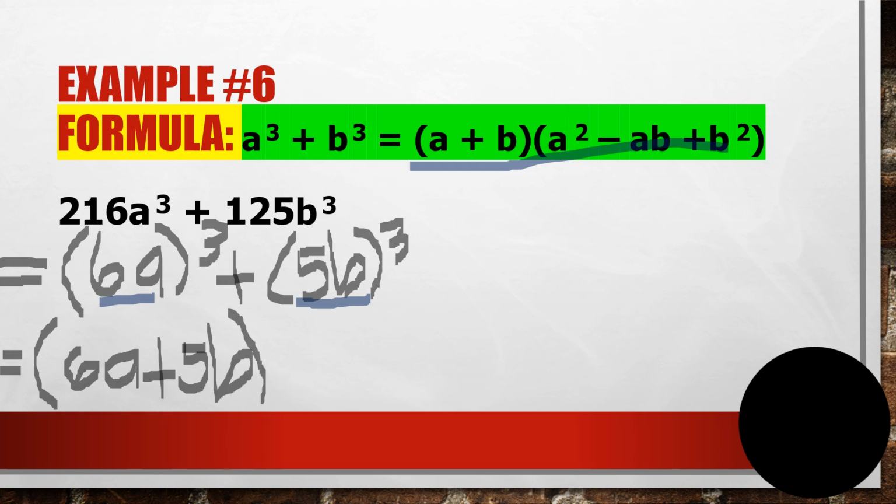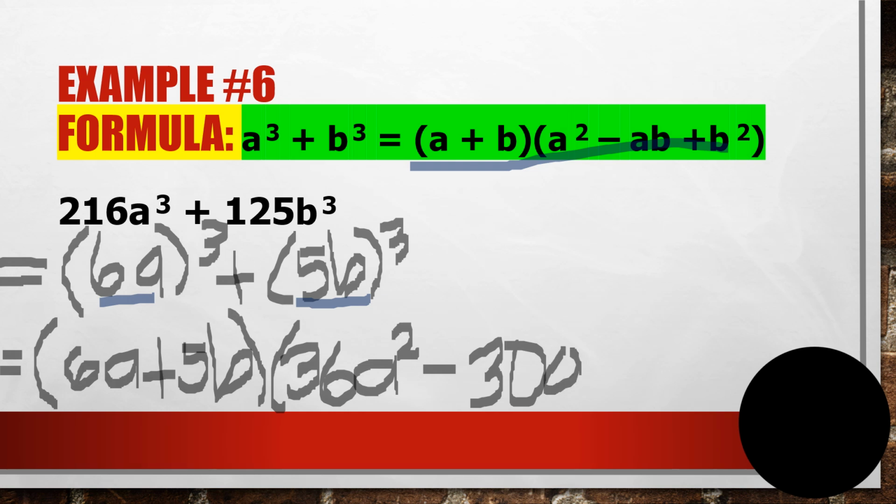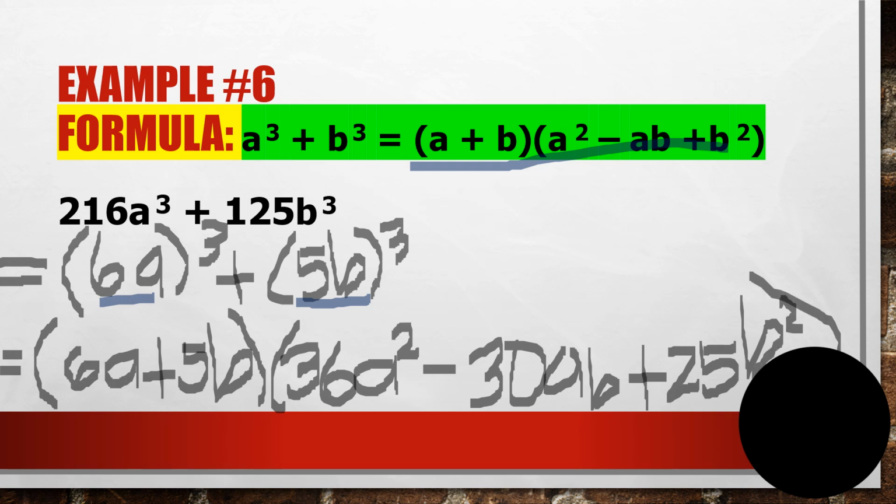Close it, and then open parenthesis, a squared. 6a times 6a, we have 36a squared, minus a times b, 6a times 5b. 6 times 5, you have 30ab, plus the square of 5b, you have 25b squared. And then you close it. That is now our final answer.